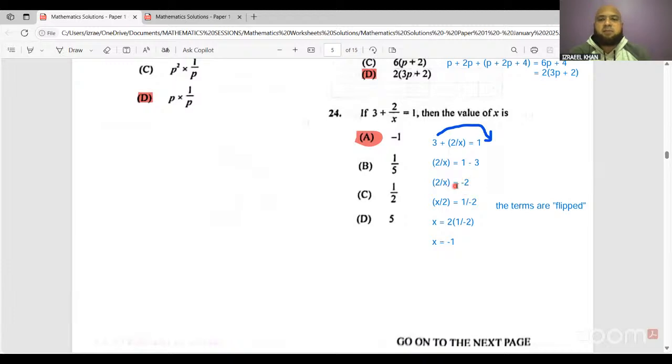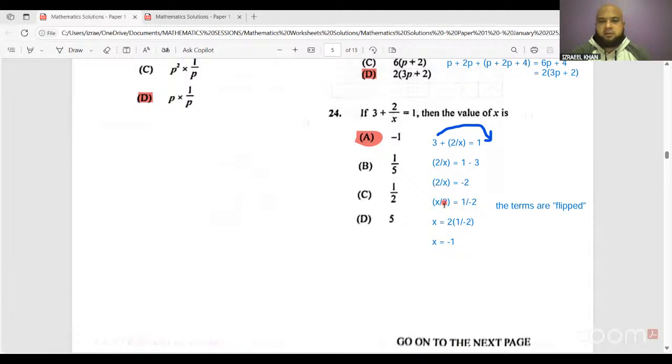So if I flip minus 2, it comes like minus 2 divided by 1. So obviously if I flip it, what will I get? I'll get 1 over minus 2, yeah? Which is what we see in here.